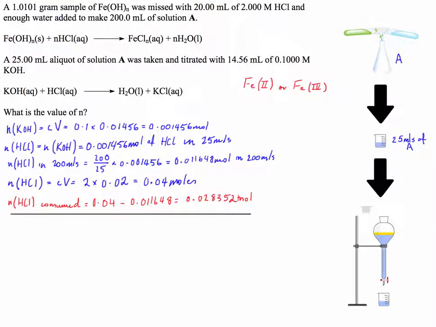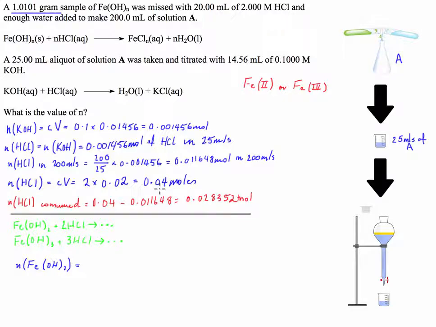In these two situations, if I have iron 2, this equation here is going to look like this. If I have iron 3, it will look different. So we're going to work out, using these molar ratios, how many moles we'd expect to have of each of these.